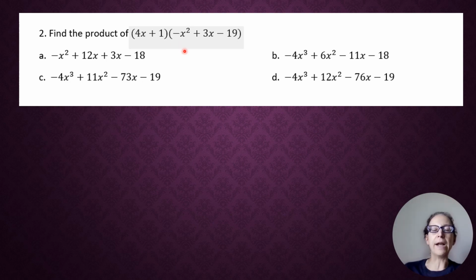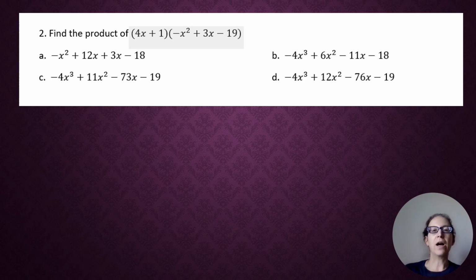Now this one, we have the product, and you could conceivably use Desmos to do this problem, but my personal take is that it's not the best way.